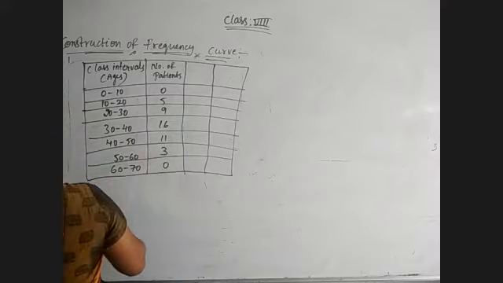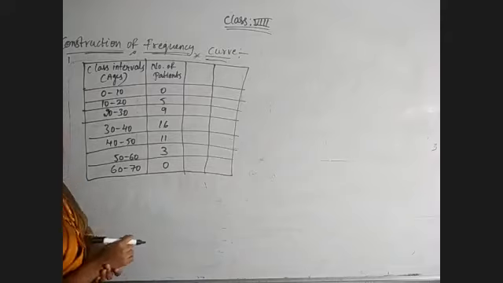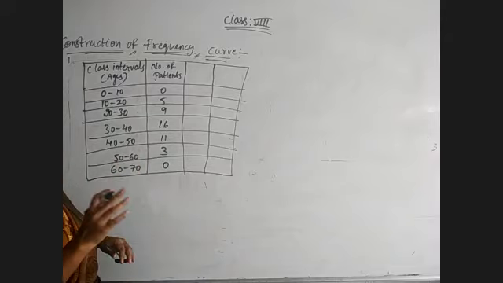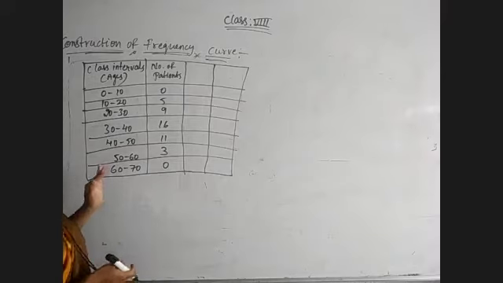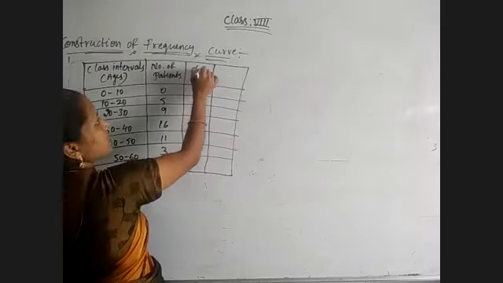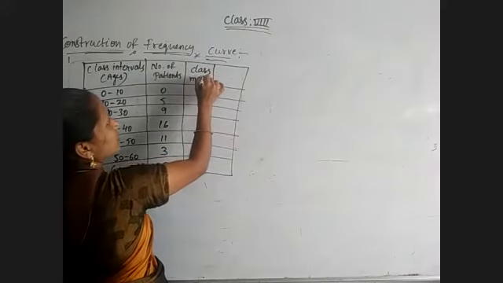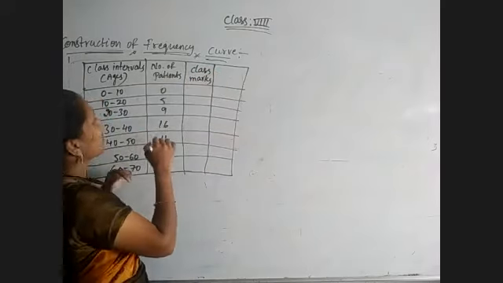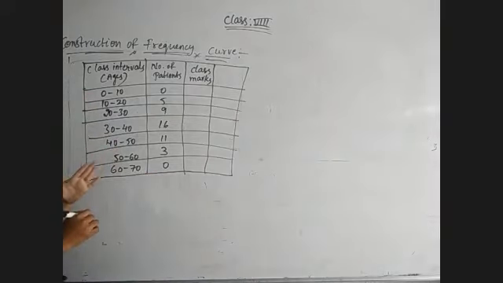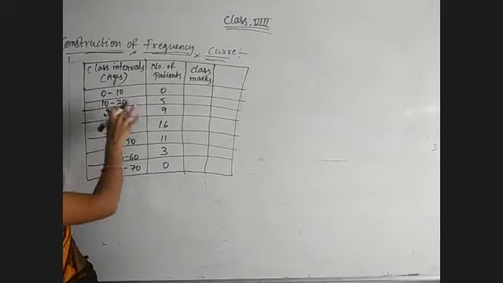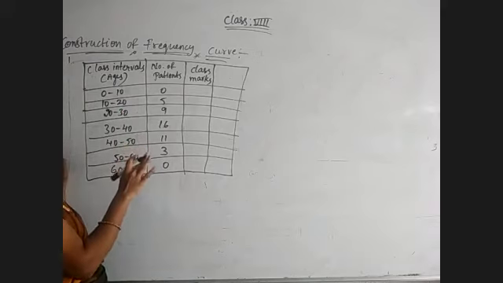Okay. Now to construct a frequency curve or polygon, first we must take their mid values. So take the class marks first for each class. Just observe, all these are exclusive class intervals only, so no need to convert again.